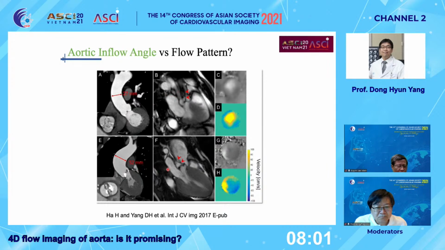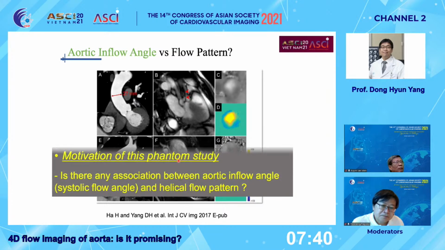The lower panel, with a bicuspid aortic valve, shows a very eccentric flow angle, as shown here, with a dilated aorta. My question was: is there any association between aortic inflow angle and helical flow pattern? So that was the motivation of our phantom study.